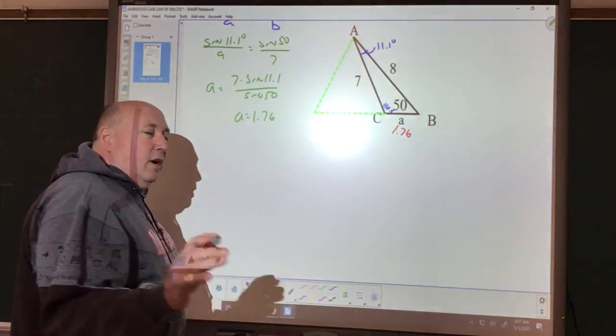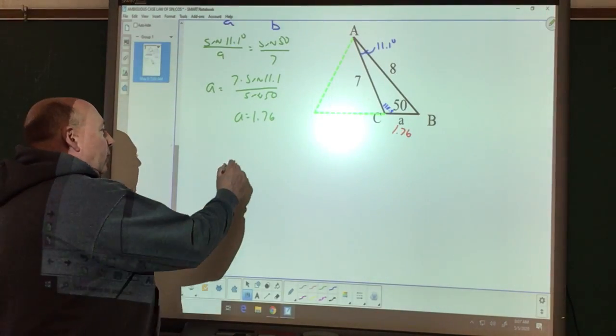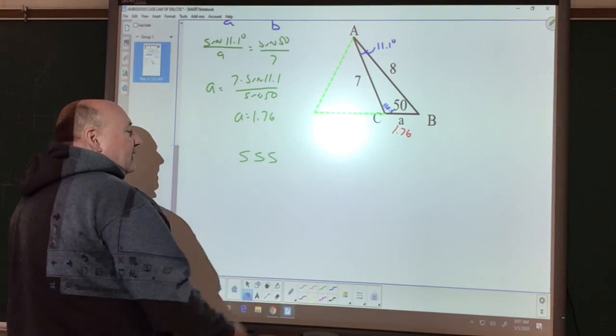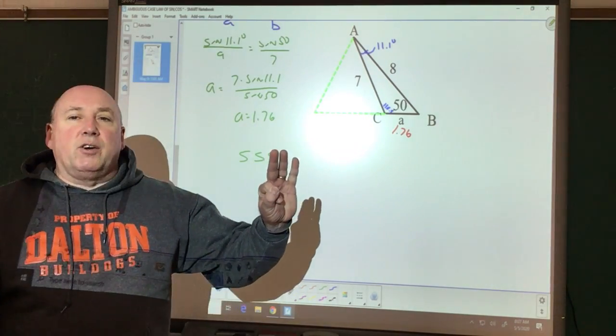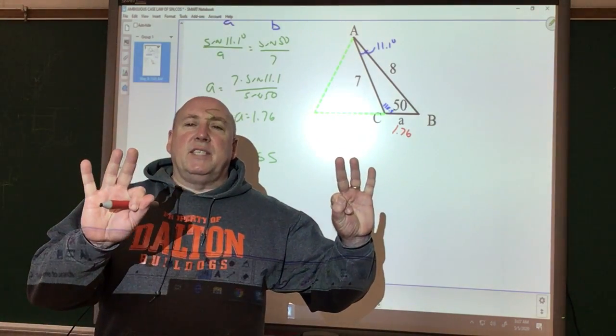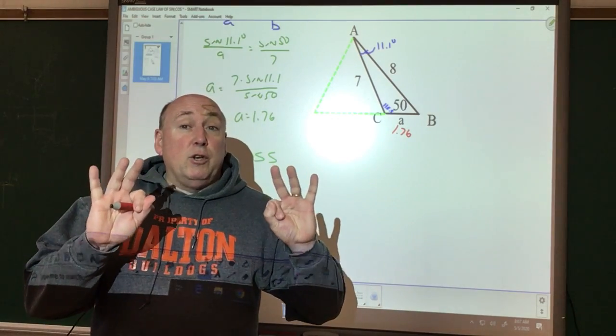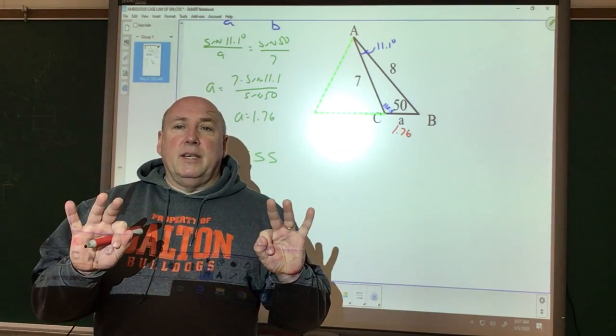The first one that you went through was a side postulate. If three sides of one triangle are congruent to three sides of a second triangle, then the two triangles are congruent.